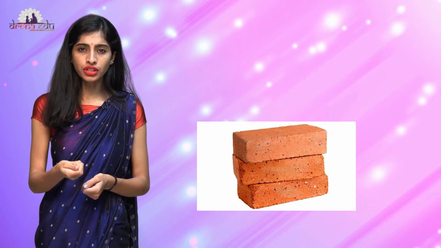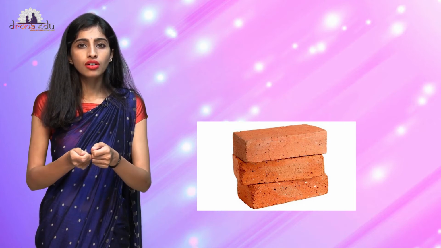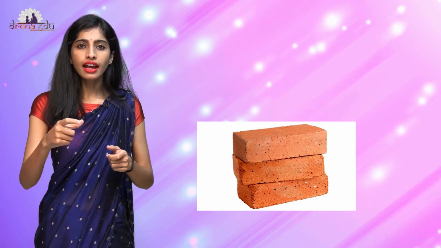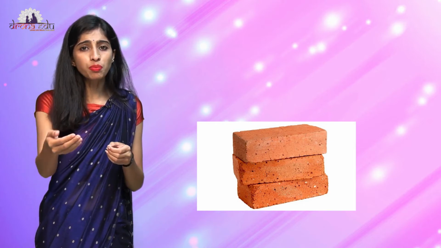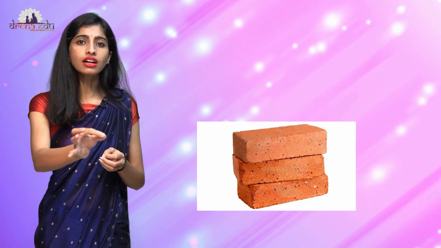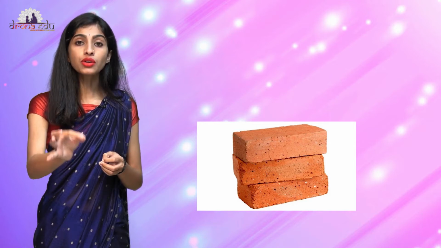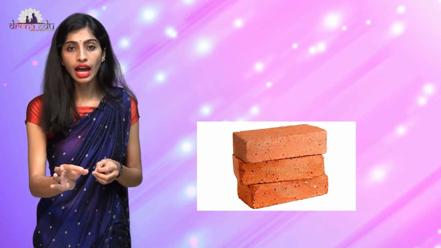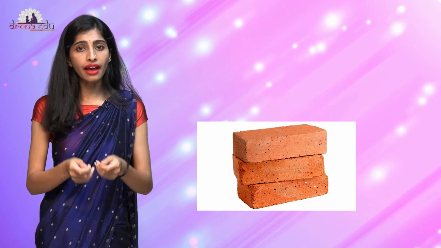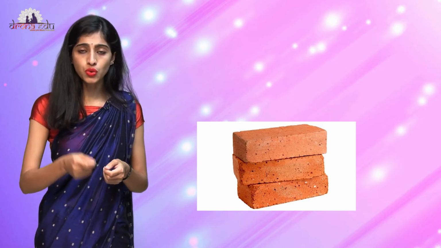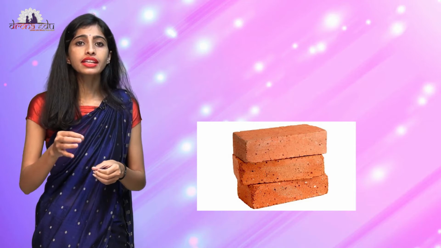Initially it's a little difficult to drag, but finally when you start dragging it, it starts giving a reading on the spring balance, right? When the brick just begins to move, you can see a mark, okay? You can see a reading there. Am I right? You can see a reading on the spring balance when you drag a brick with a string, and it gives you a measure of the force of friction.